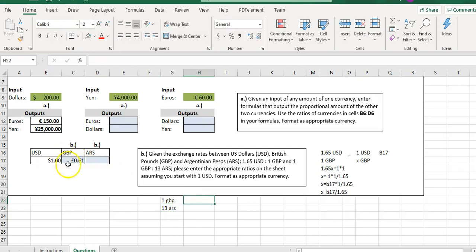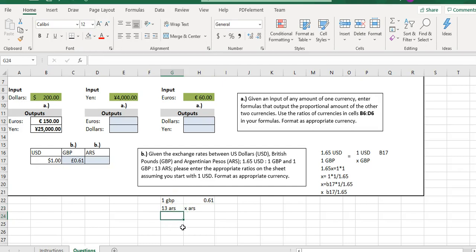So what do I have over here? I have dollars and pounds. Well, the pounds is 0.61. So I have 0.61, and I'm going to divide by the pesos, so X Argentine pesos.